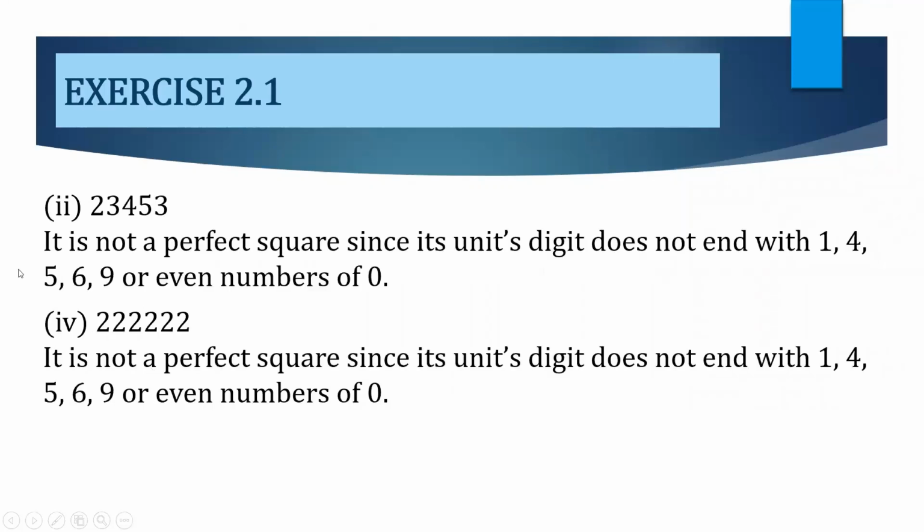Same for 23,453, we have the number 3 on its unit place, which again shows that it is not a perfect square. Same for this number also, we have 2 on its unit place. So the unit digit does not end with 1, 4, 5, 6, 9 or an even number of zeros. So it cannot be a perfect square.